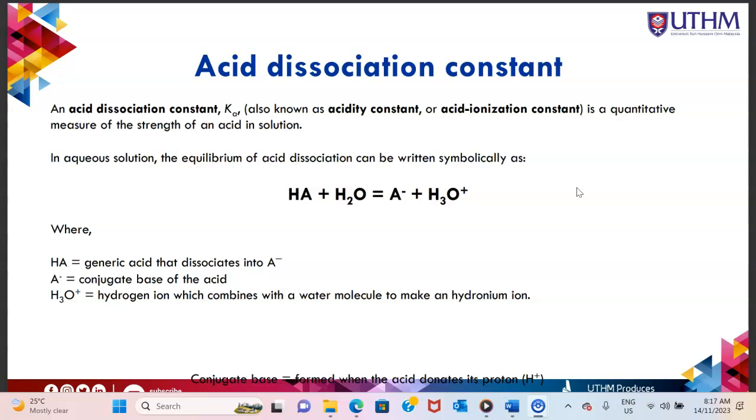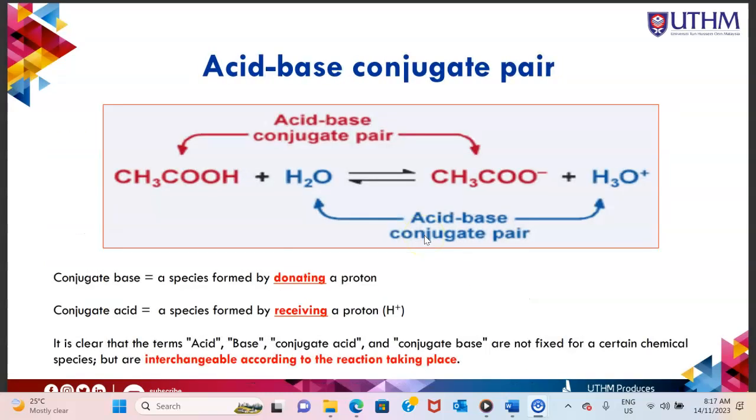So in aqueous solutions, the equilibrium of acid dissociation can be written like this. HA is the form of the acid, for example, hydrochloric acid. So we have water, and when it dissociates, it becomes the conjugate base of the acid. And H3O plus is the hydrogen ion, which combines with water molecules to make the hydronium ion.